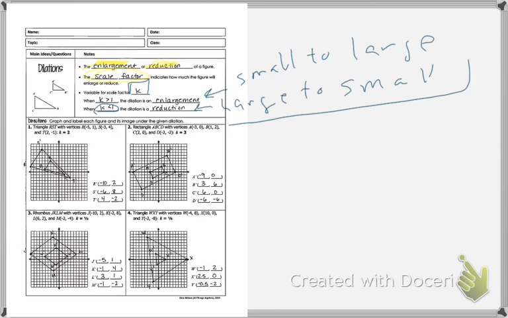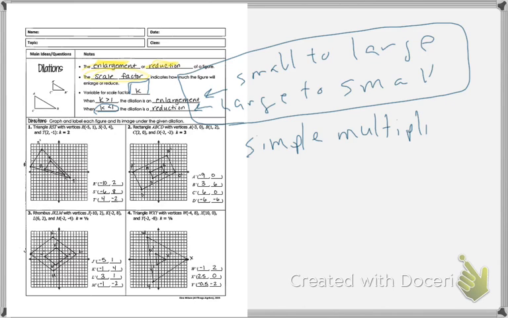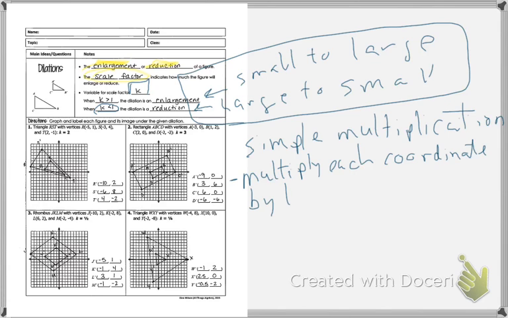How do we do this? If I give you a scale factor, simple multiplication. You are going to multiply each coordinate by the scale factor.